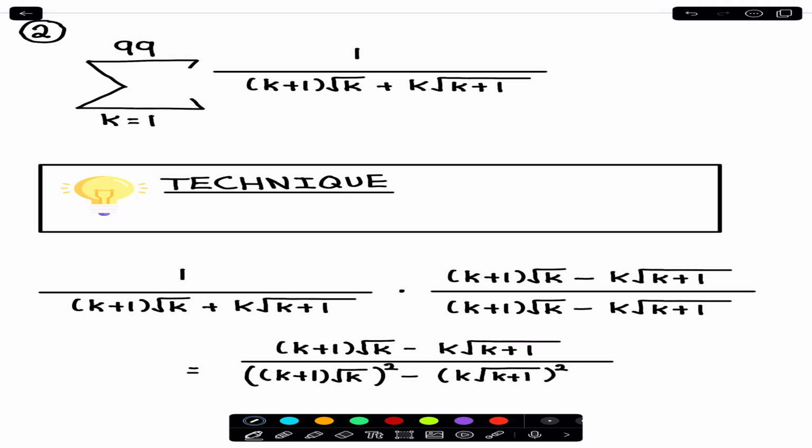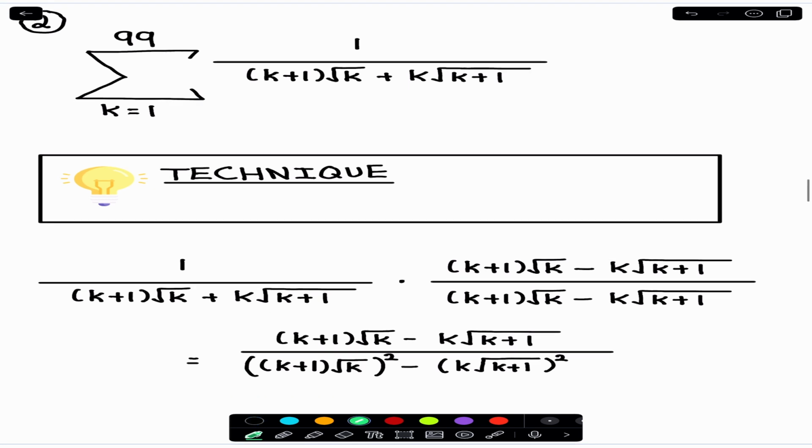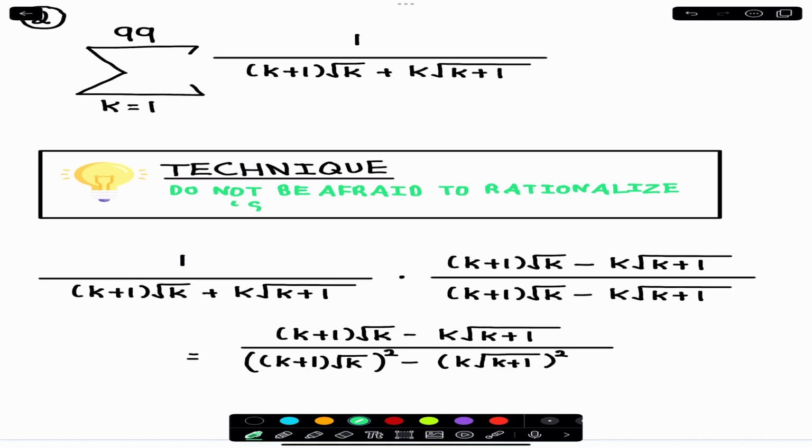I would summarize it as, do not be afraid to rationalize, quote unquote, scary expressions, because as we'll see, it ends up collapsing just like an easy problem.